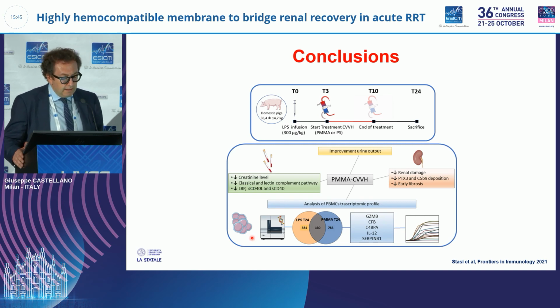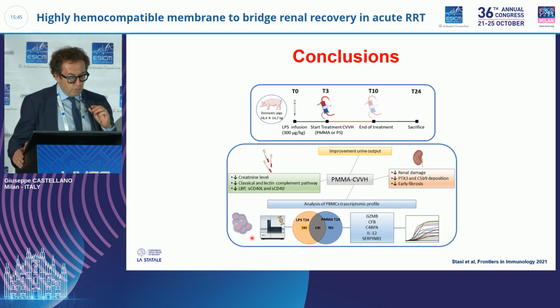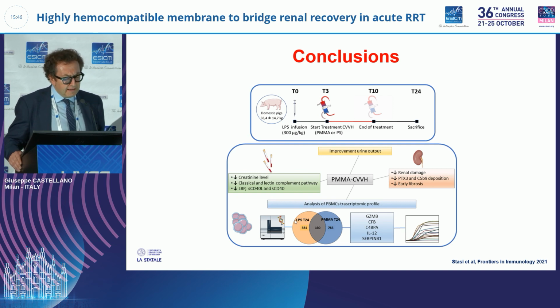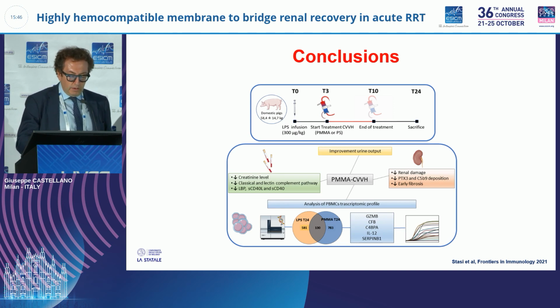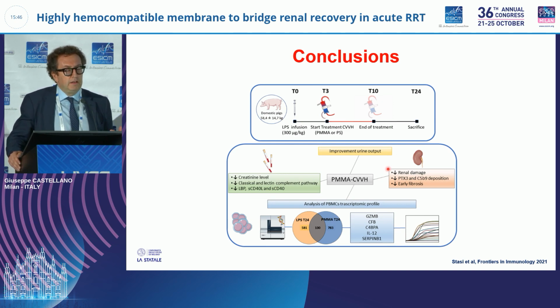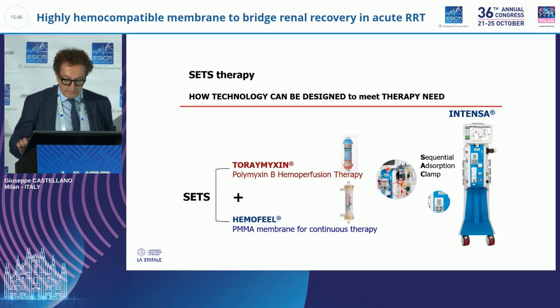So in conclusion, in our model, we have tested this new approach, and we have functional data that we have a reduction in creatinine levels, so a protection from acute kidney injury, a better urinary output, but also an immune modulation with reduced deposition and damage, with reduced renal fibrosis, reduced factors of renal senescence, but also modulation of the circulating leukocyte by this new approach.